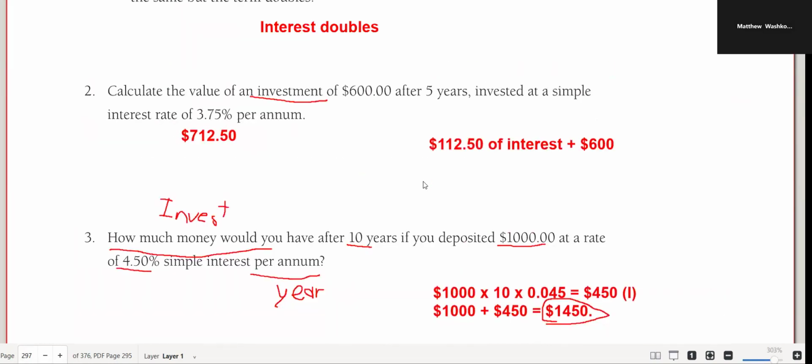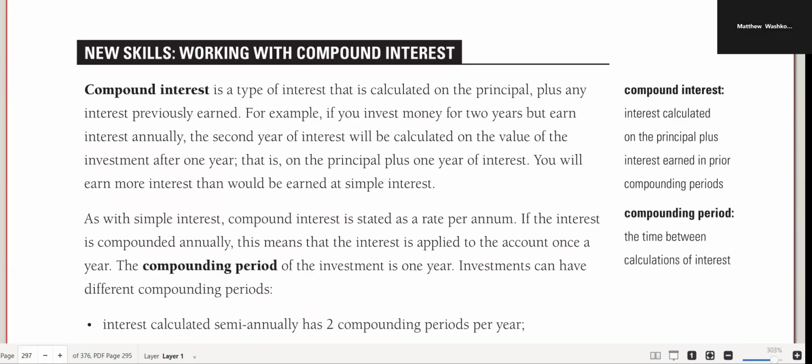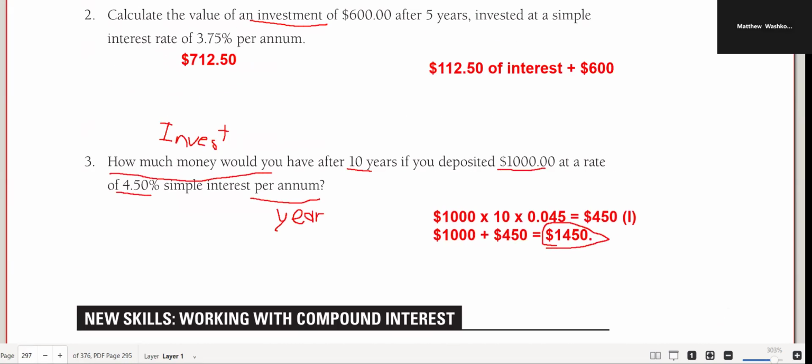So at this point, I'm now going to start going into what compound interest is. The difference between simple and compound interest is that, if I look at this one here and I did it for 10 years, after year 1, this would be $45 of interest, which means I have $1,045.